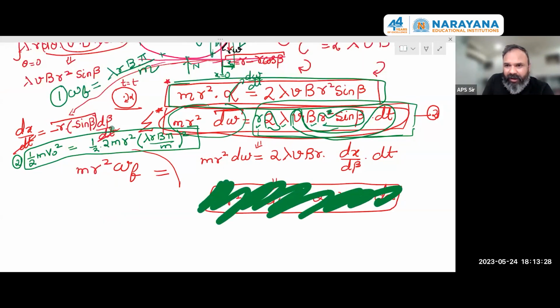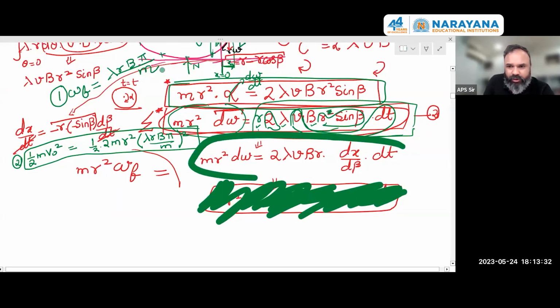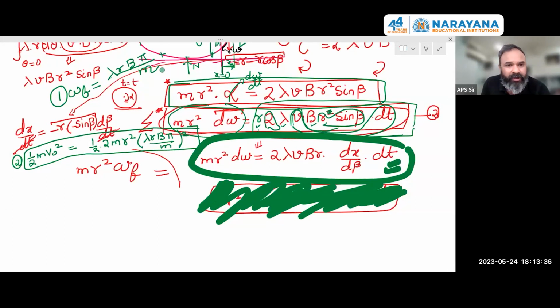I don't need it. I'll explain if you want me to, but I'm not going to yield the solution through this because I don't want to unnecessarily involve time in the equation. Beautifully, v dt I can observe as my differential distance which is moving forward. So as far as the solution of the question is concerned, you don't need it.